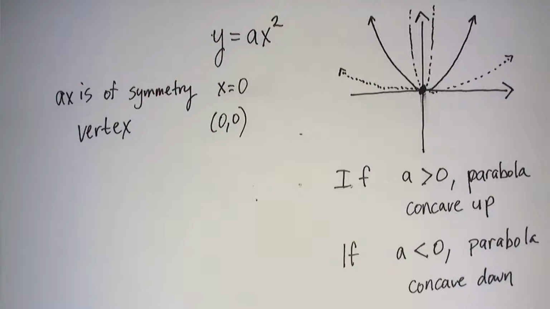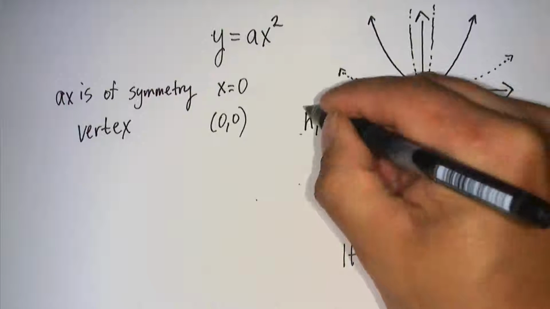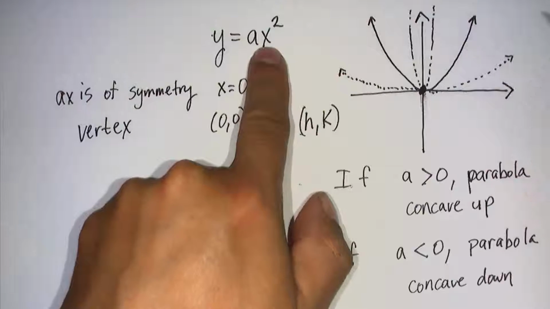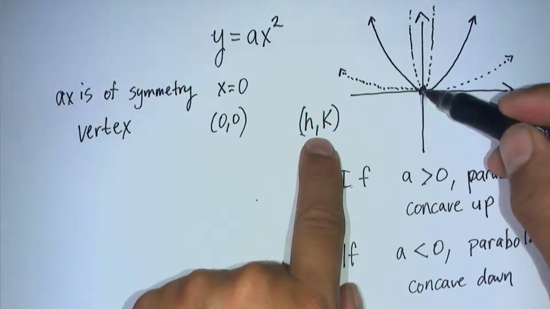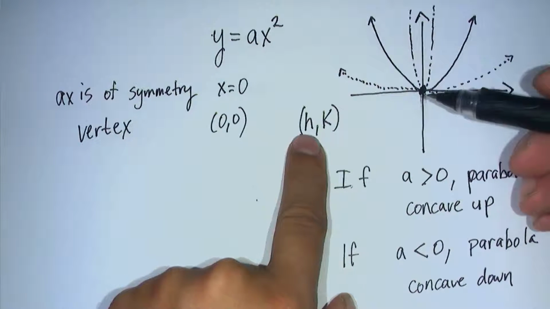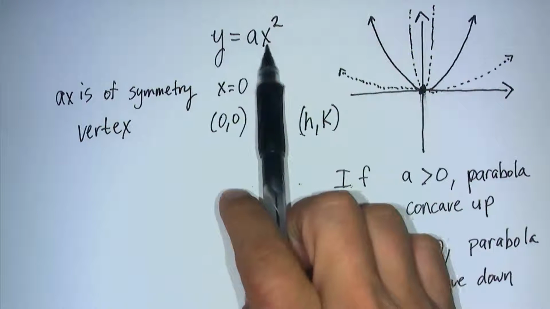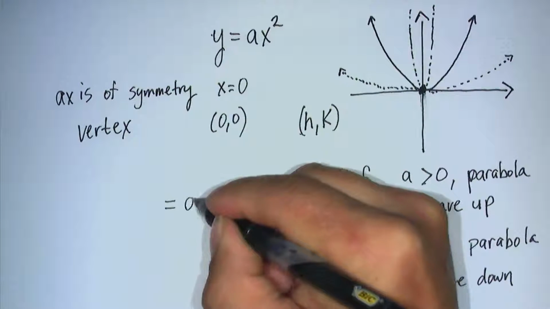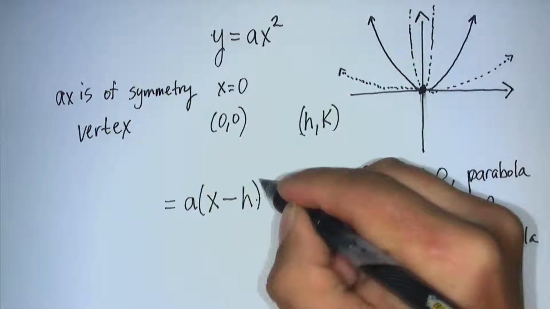Okay. So, where do we get this transformation? Well, let's just say we have a vertex h comma k. If I want to move the vertex, a and x squared, all this stuff is going to stay the same. The only difference is I'm doing a transformation to the graph. So if I want to move the vertex h units to the right or to the left, I'm going to replace x with x minus h. So this part of the equation will be a times x minus h squared.